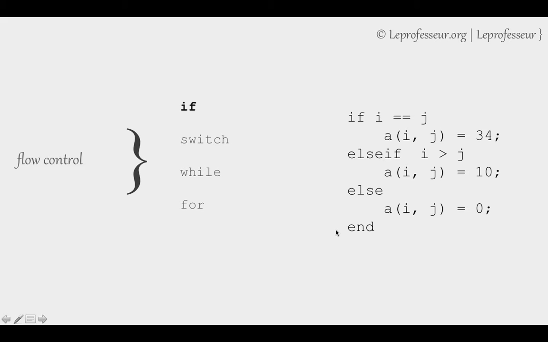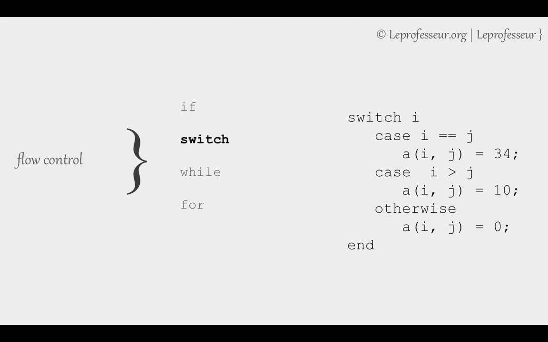Switch statement, it is a switch case statement. Like in other programming languages, you have a switch statement for selecting different cases. Same way here, based on the value of i, if i is equal to j, you select that case and make the value of aij 34.